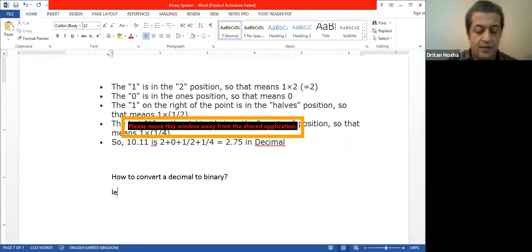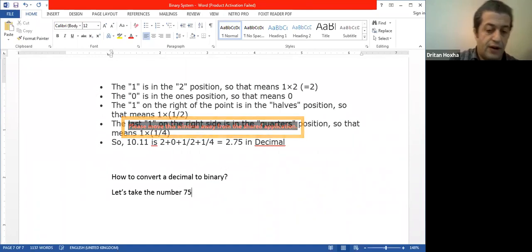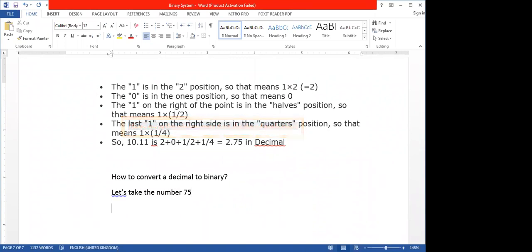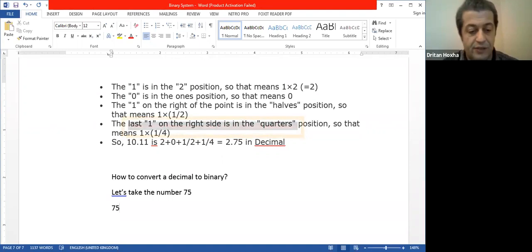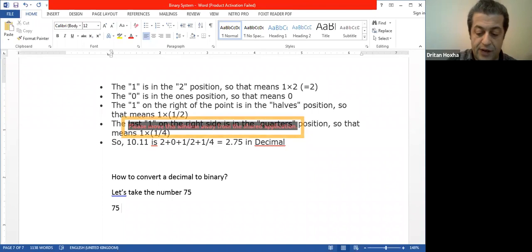Let's take the number 75. This number is to be divided by 2 every time. 75 divided by 2 equals 37, and the remainder 1.